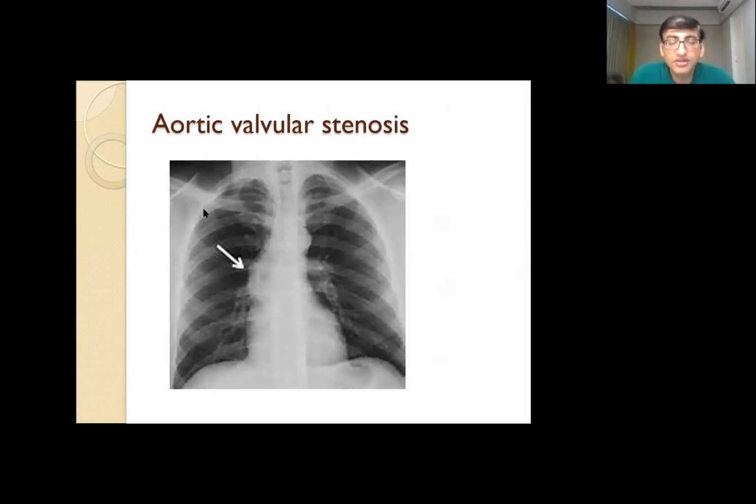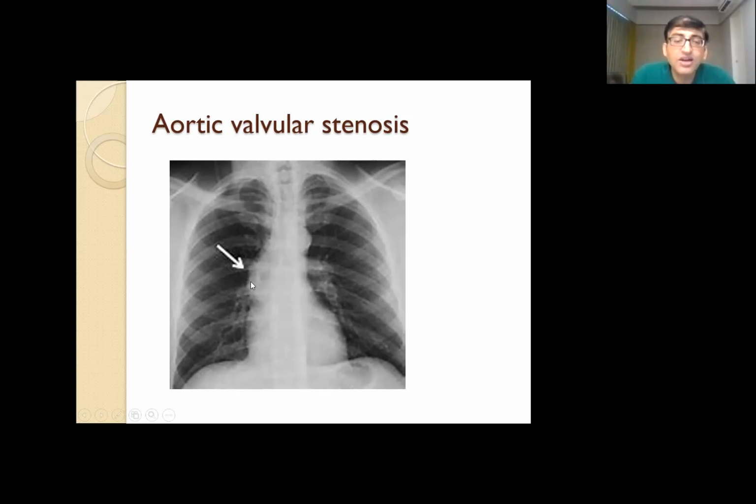Similarly, in this case, the heart size is near normal. The pulmonary vascularity is also normal. But we can see this bulging onto the right side. This is because of the jet hitting onto the lateral wall, so the ascending aorta has dilated.